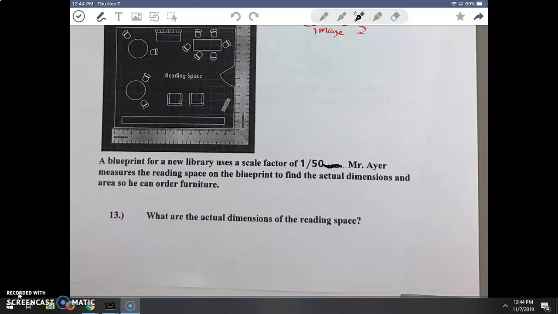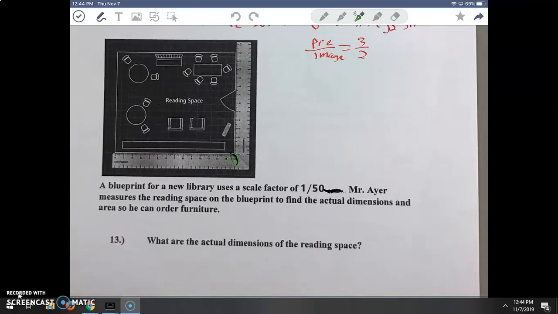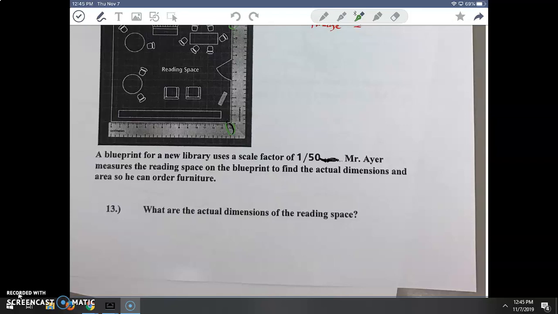It says it's 1/50th of the scale, so you'll have to read how big the dimensions are. It looks like it's 14 wide, so it's 14 by 12. In order to do that, we need to set up a ratio.